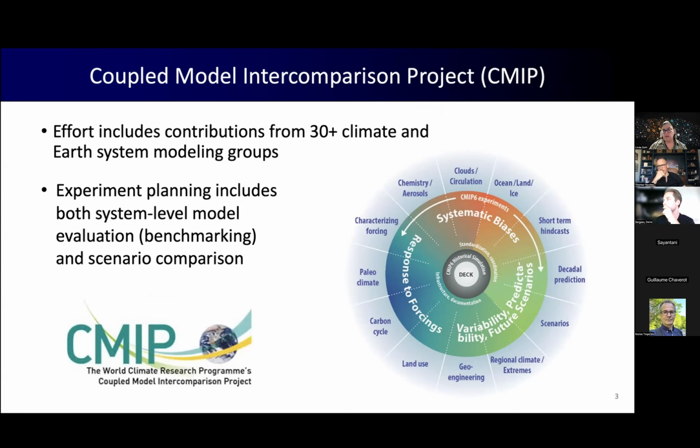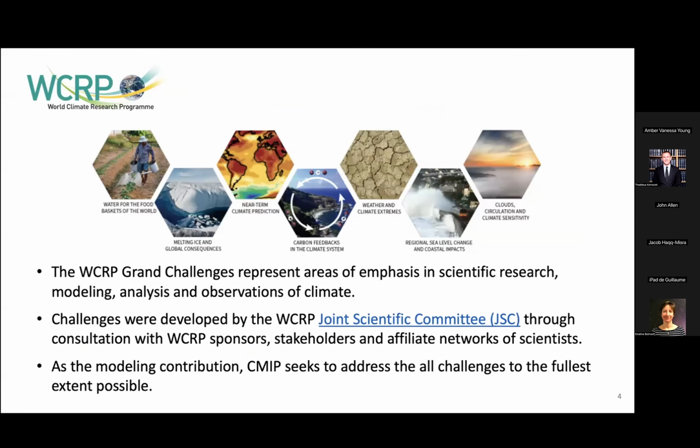Now, the scenarios are not invented out of whole cloth. These are also inspired by community conversations under the auspices of a UN group called the World Climate Research Program, or WCRP. And the WCRP has come up with this concept that they call grand challenges, where periodically there are discussions held among the community to decide what particular problems are of special interest, perhaps for societal impact, or from the standpoint of trying to improve the models that we already have.